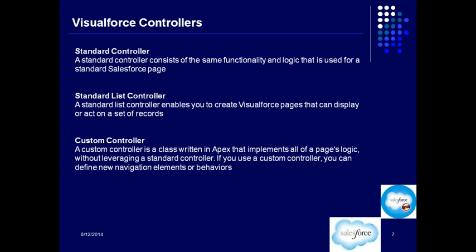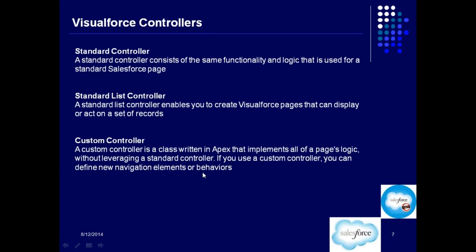The logic comes directly from the Apex class that you are writing. So you have the liberty to write your own logic, your own set of instructions, whatever you want to instruct to the page, you can do that. And if you use a custom controller, you can define new navigation elements or behavior.